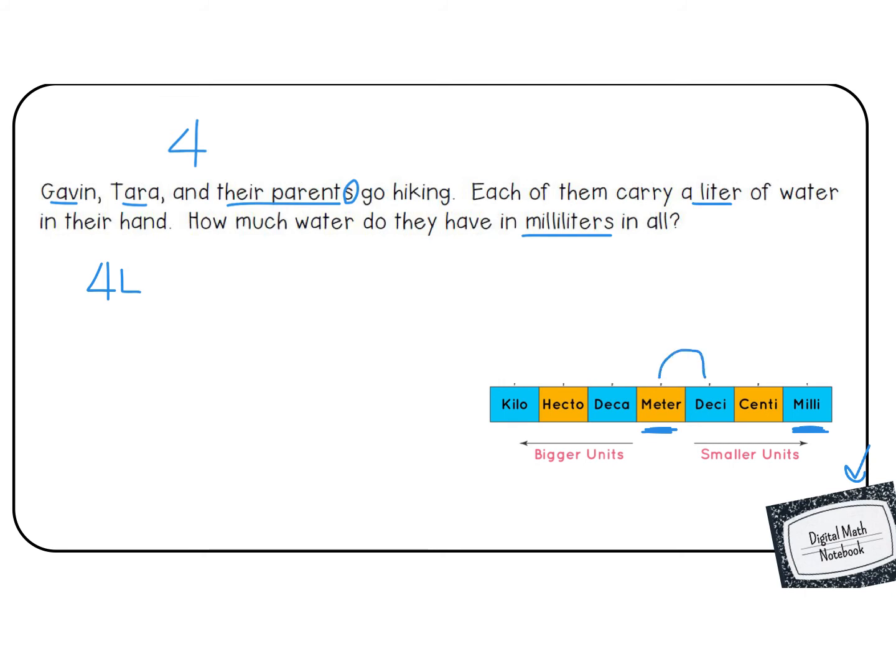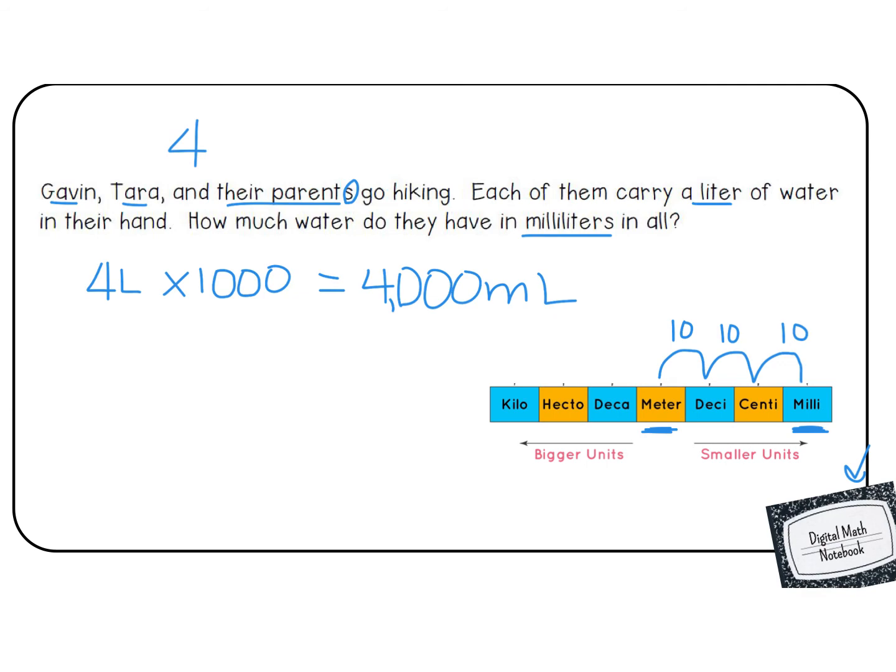We have 1, 2, 3 jumps, which means we have 10 times 10 times 10. So that means we need to multiply by 1,000. 4 times 1,000 is 4,000 milliliters. See, that wasn't too bad at all. Pause to write this in your notebook before we go on to the lesson activity.